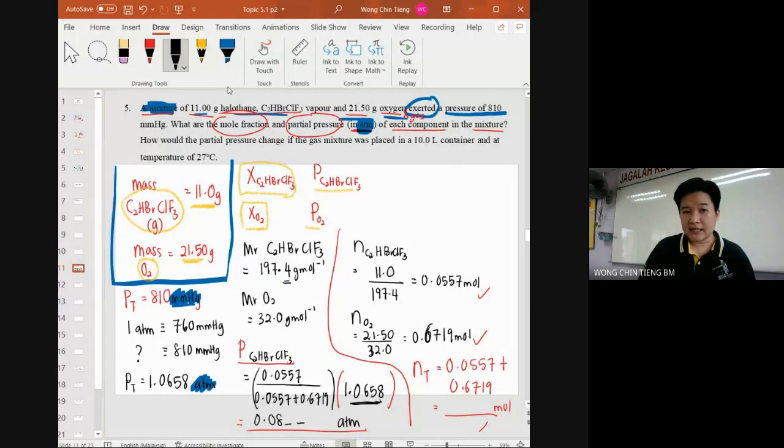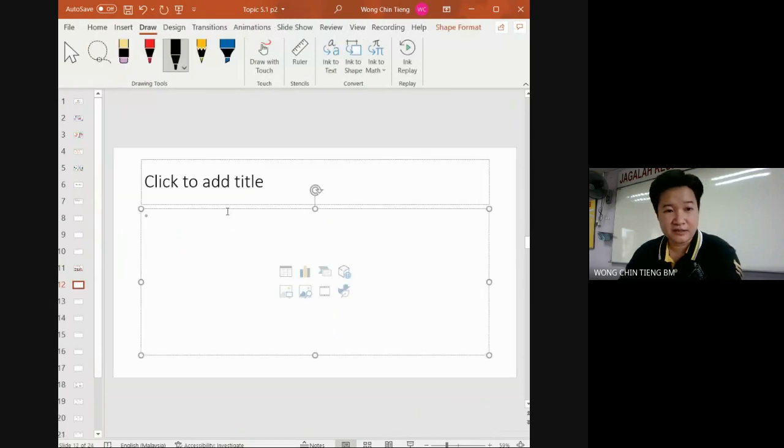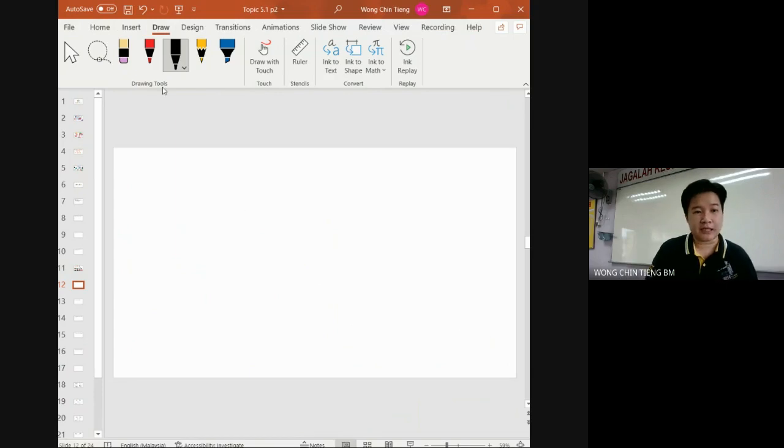Okay, can I have another slide? Very messy. Just a quick one. I'll rewrite what we have calculated. The number of moles of your C2HBrClF3 that you calculated just now is 0.0557 mole.